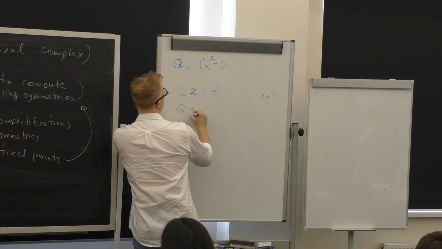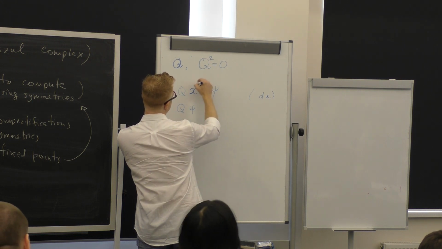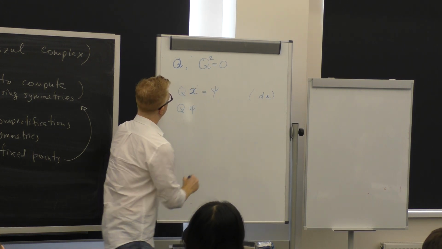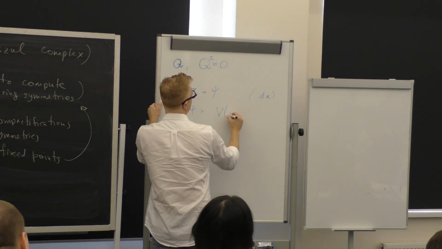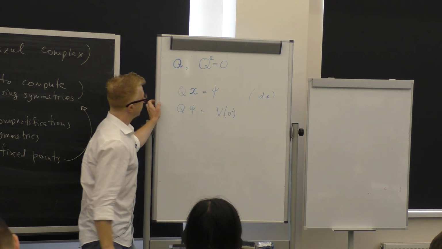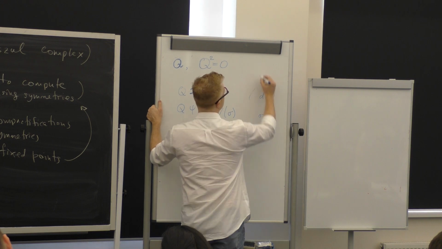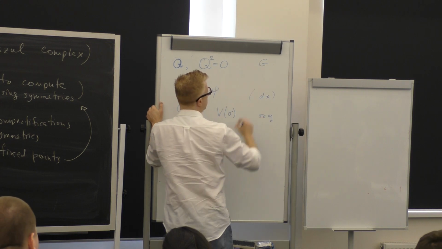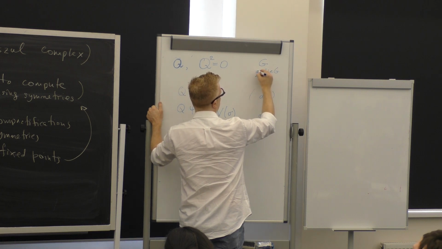And then Q acting on psi gave the vector field, which was linear. It's a linear function on the Lie algebra. So this is a symmetry group G with the Lie algebra little g.